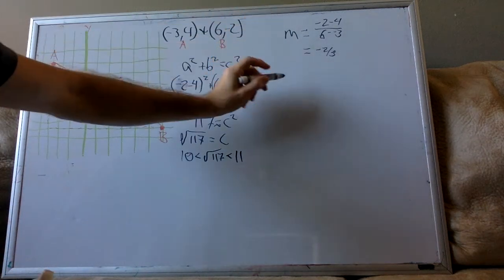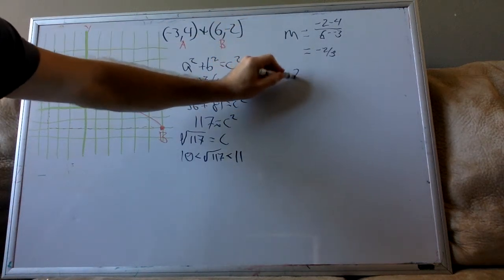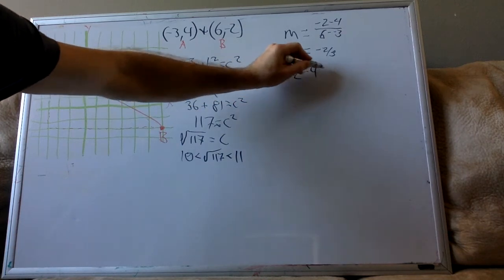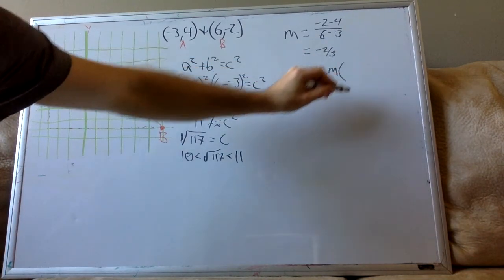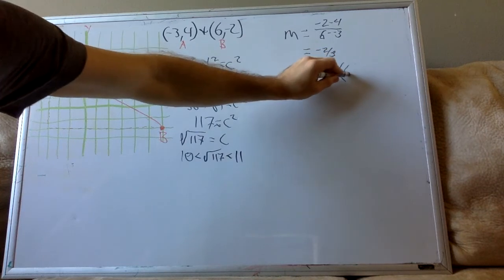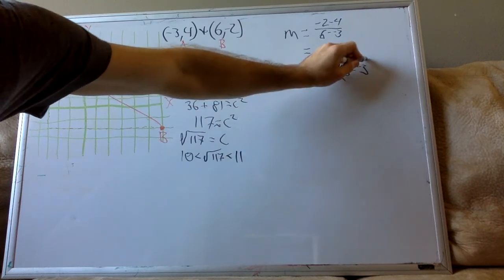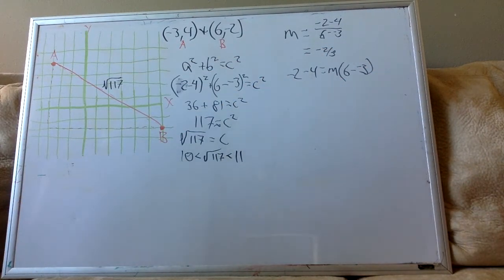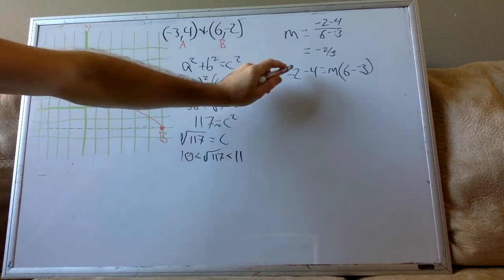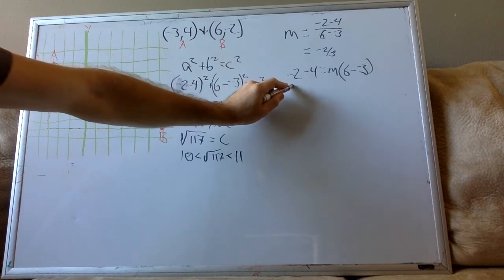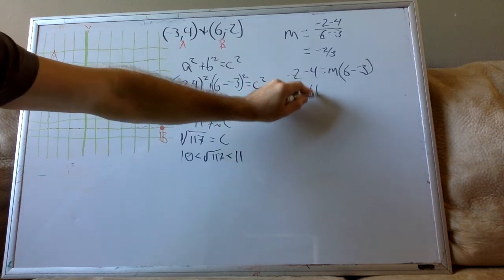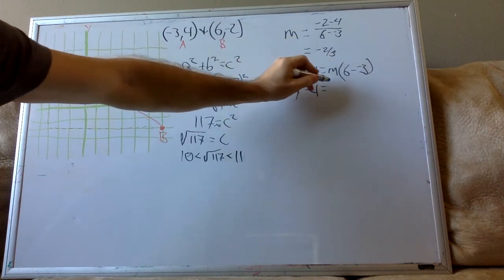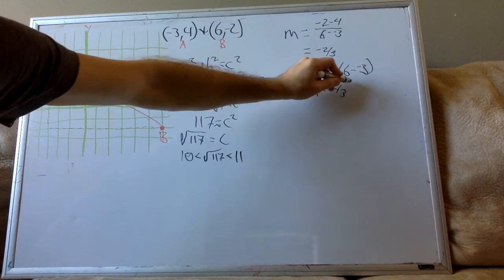If I rewrote this as negative 2 minus 4 equals m times this here. Now, to make it general, I can replace one of these points. So this was a y value, and I can go ahead and put in my slope here, negative 2/3.